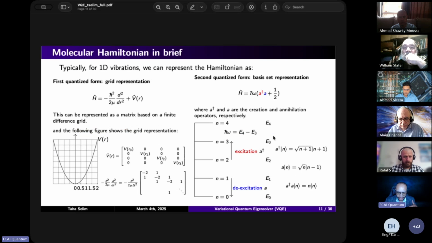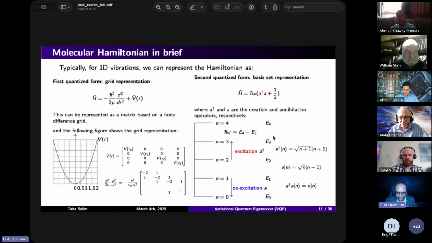And this function is what we have as molecular representation or the molecular Hamiltonian. I'm going to show you this type of function at the end if we have time indeed, so you can just see this for yourself. But then if you Google the harmonic oscillator function, you are going to see the analytical representation.